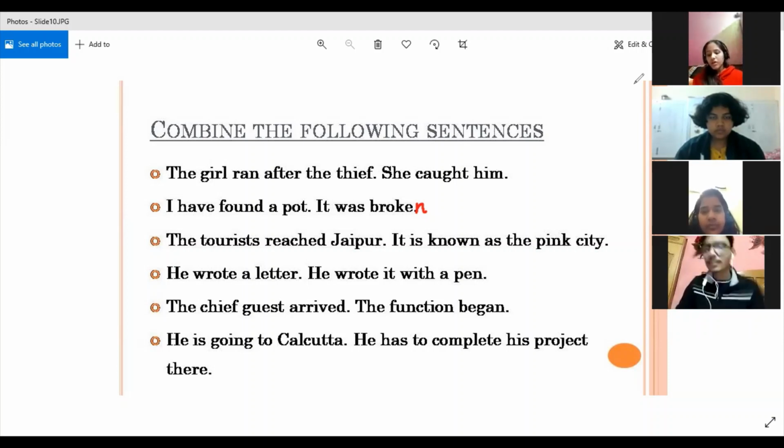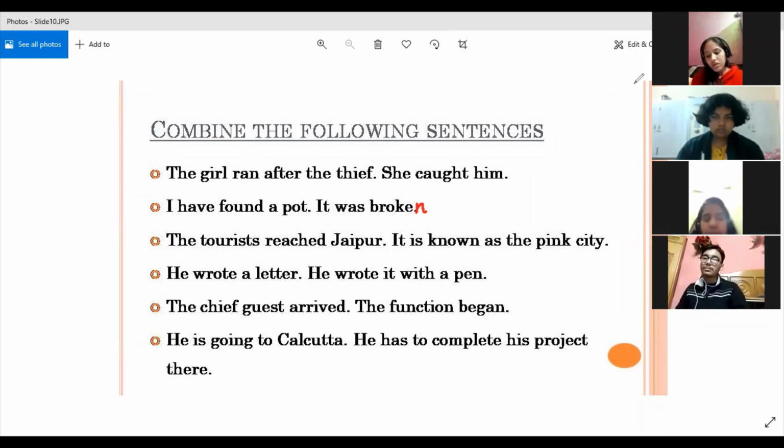If suppose the instruction is that you have to combine the sentence as it is given over here, it is not mandatory that you have to combine these two sentences into a simple sentence. So there are other ways also of writing the sentence. Okay, the tourists reached Jaipur, which is known as the Pink City. But when we will be using which is known as the Pink City, then it will be a complex sentence.